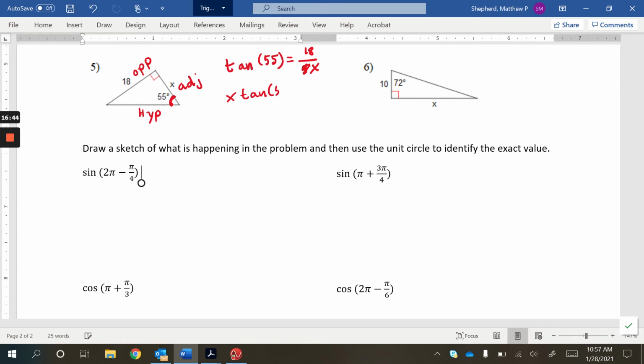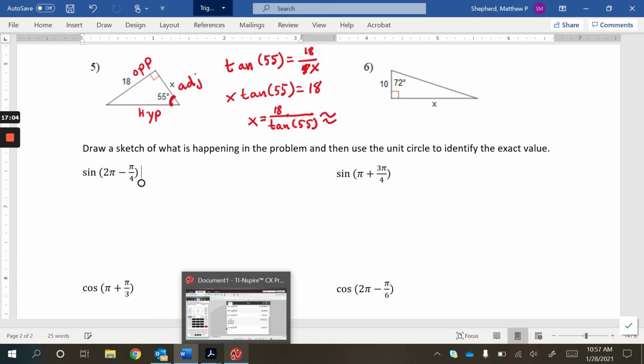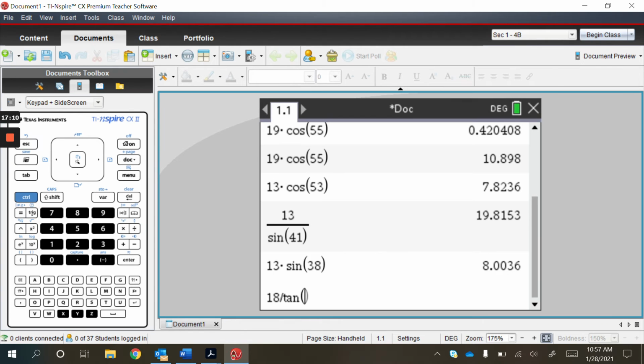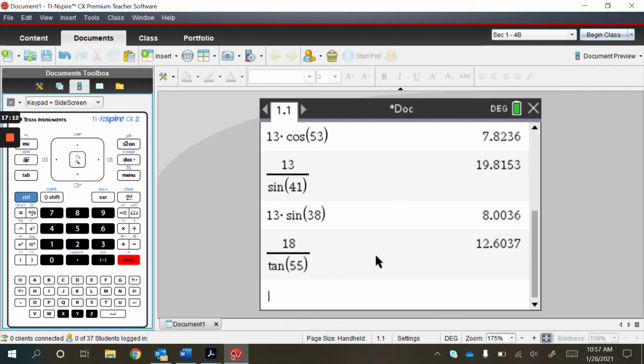So the tangent of 55 is equal to 18. Divide both sides by the tangent of 55. So x is going to equal 18 over tangent of 55. All right, 18 over tangent of 55 is 12.6.